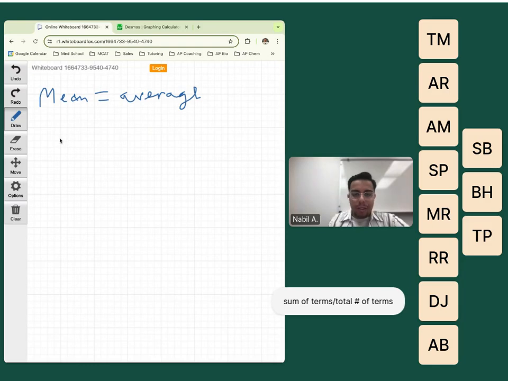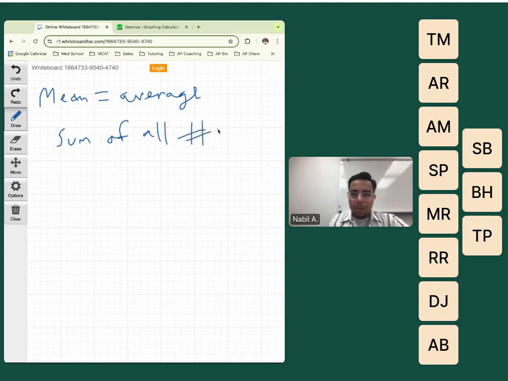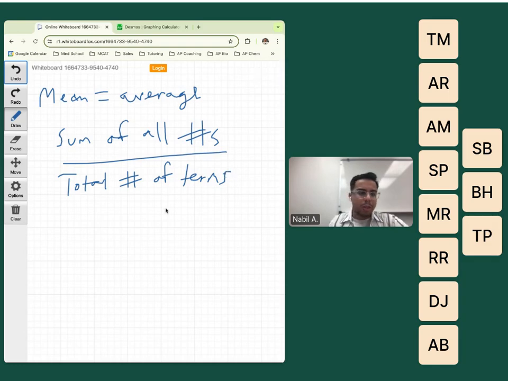So we'll basically take the sum of all numbers and then divide by the total number of terms. It seems like you guys had a pretty good understanding when I went over that exam average problem. So that's awesome.